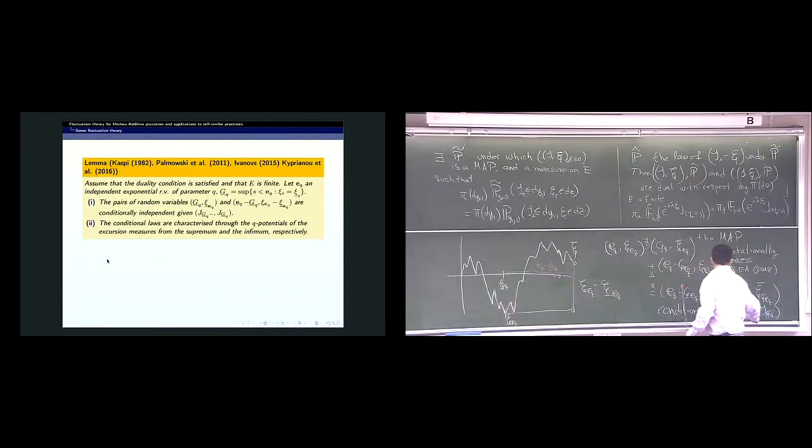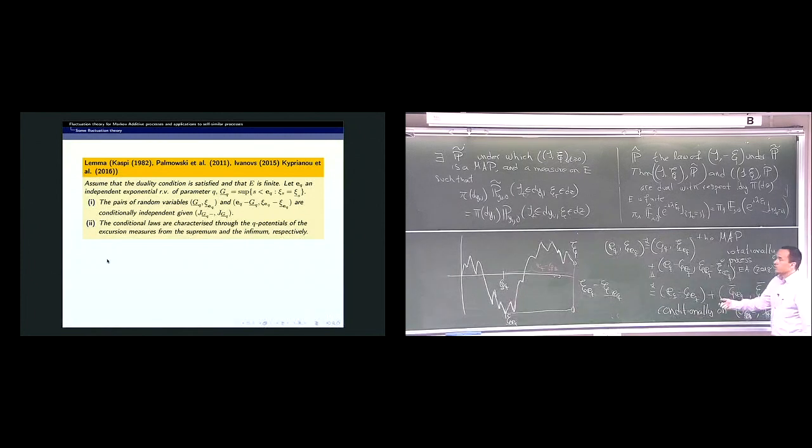It was the other way around. So this is for the color of the excursion on the right, and this is for the color of the excursion on this side. It's not always the same color, because remember, we may have jumps according to J. So if J makes a jump, and that jump leads to a new supremum, then we may have different colors.